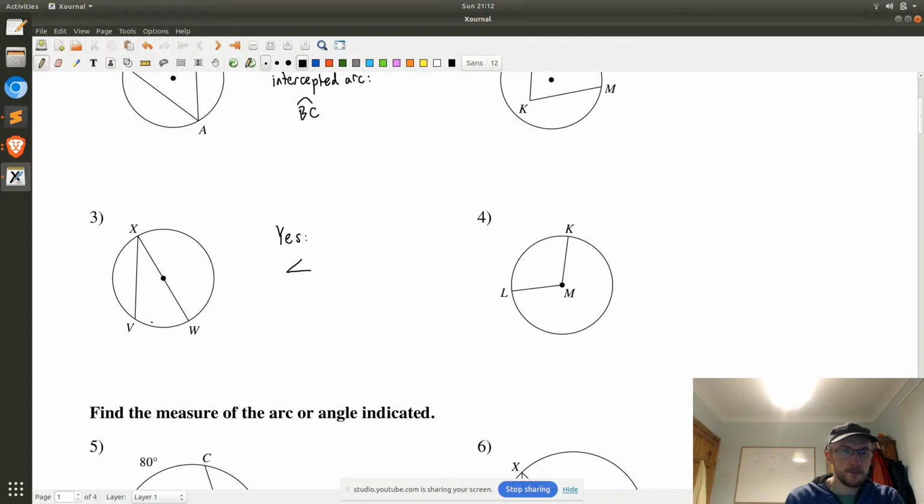Named, well, if we do it that way, I guess VXW and intercepted arc would be VW. That's a central angle, so no. And we'll check as we go.